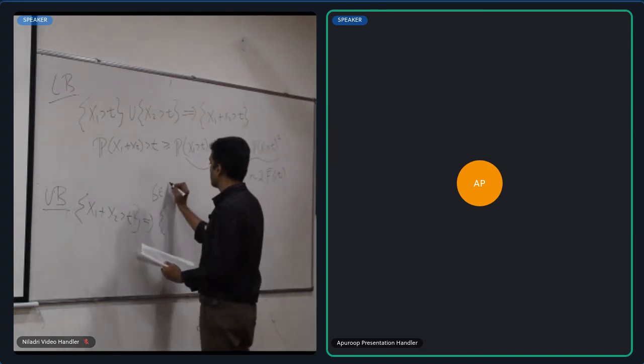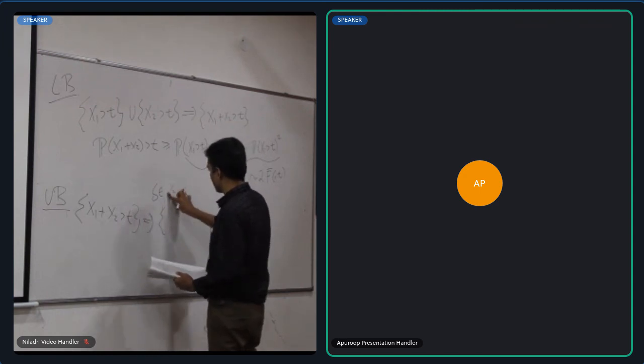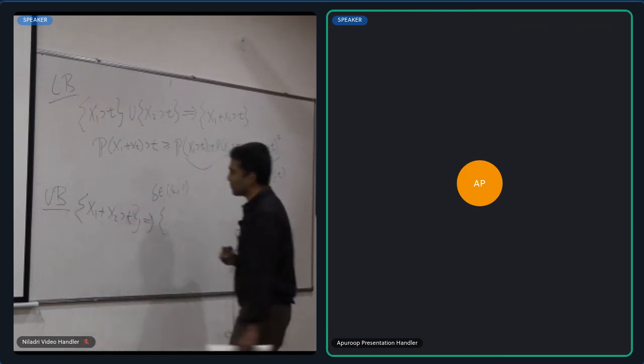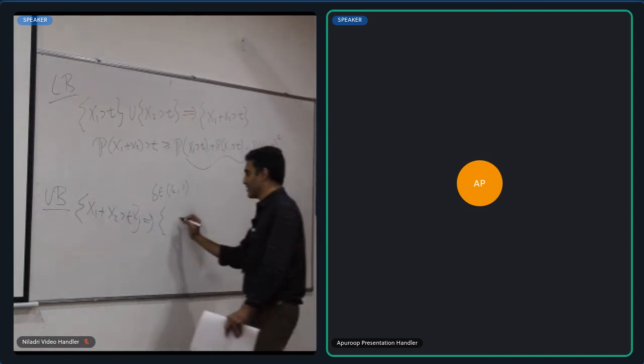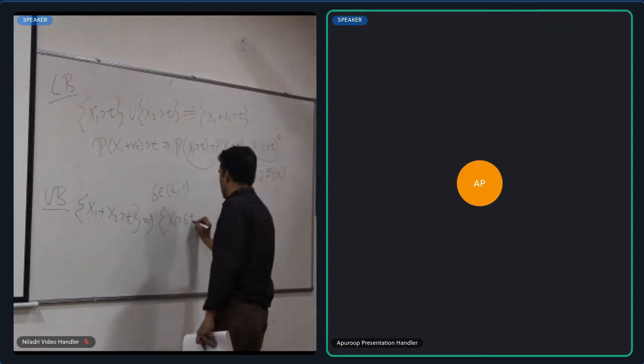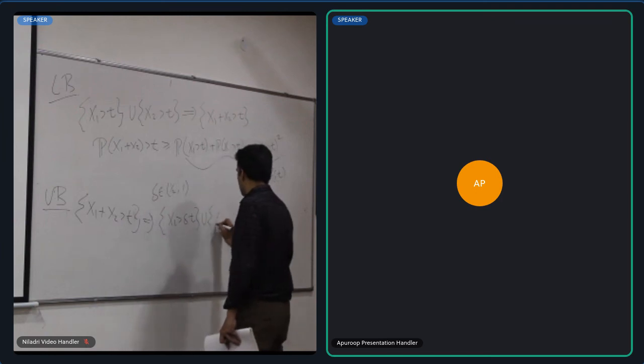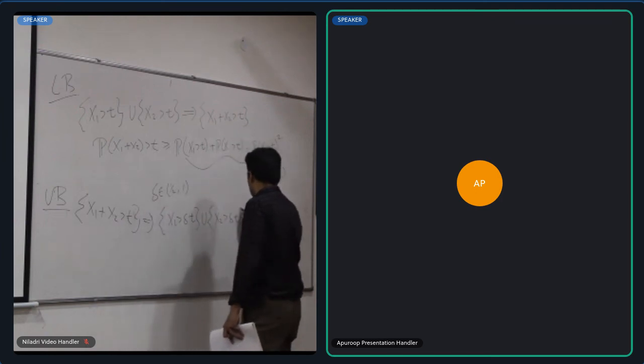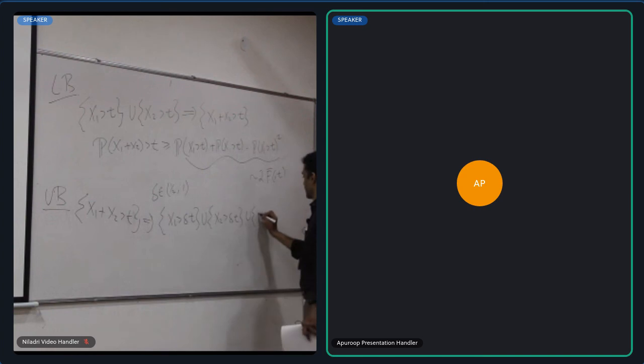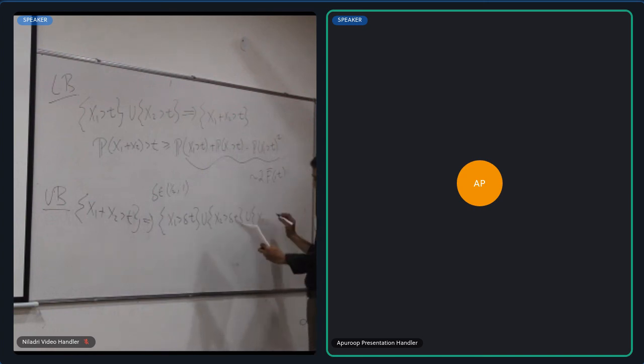Take delta to be between half and 1. You can take delta to be greater than half, between half and 1. Okay. So x1 greater than delta t union x2 greater than delta t union x1 and x2 both greater than 1 minus delta t.